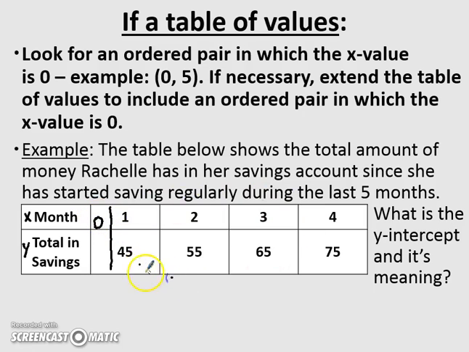Notice that it's going up by 10 each month. So it went up $10 in 1 month. It went up another $10. It went up another $10. So if we want to go down from 1 to 0, we're going to have to take away $10. So that'll be 35.